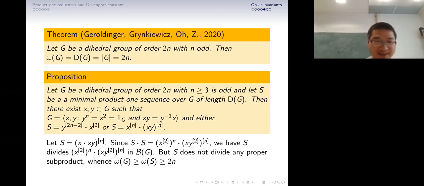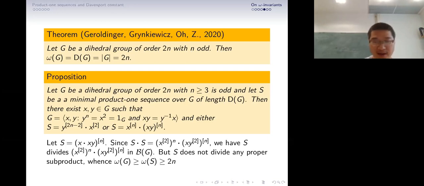So S divides such a product, but S does not divide any proper subproduct. This shows that the omega invariant of G is larger than or equal to the omega invariant of S, which is larger than or equal to 2n. On the other hand, we want to show that the omega invariant is smaller than or equal to 2n.